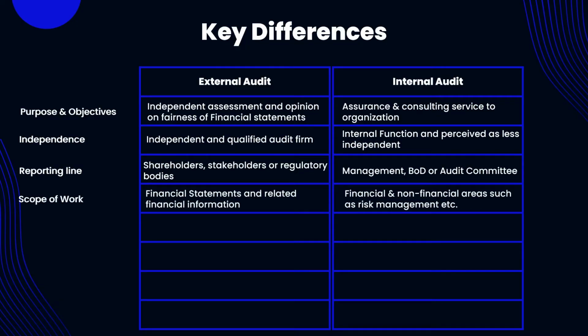Another difference is the scope of work. External auditors' scope of work is limited to the financial statement and related financial information, while internal audit has a broader scope encompassing financial and non-financial areas such as operations, compliance, and risk management.